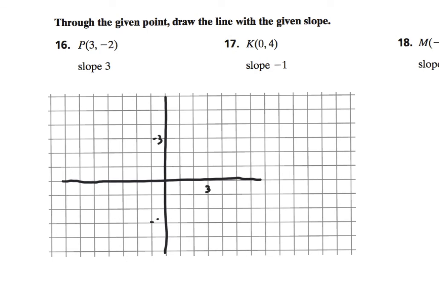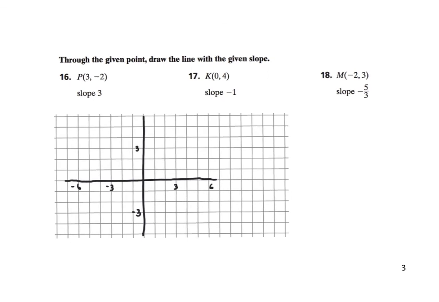So I'm just going to count by threes there, and let me clean that up. And maybe I'll throw in a 6 there as well. -6 here, +6 there. Okay, notice I don't need to go any further because I don't really have any high values there.